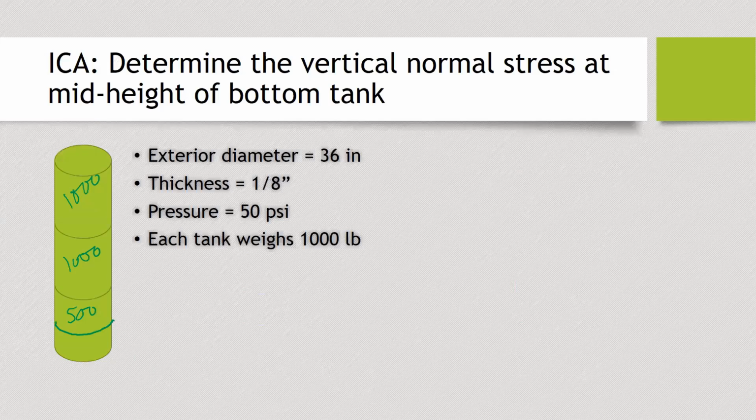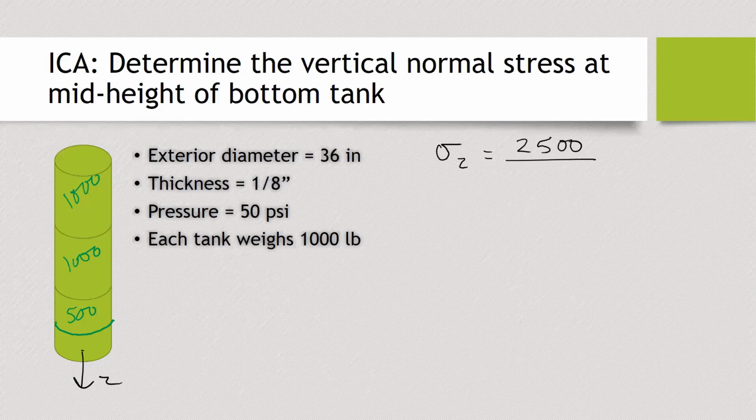But then I also have the pressure of that tank acting as a pressure vessel. So in this case, say that's our Z direction. We're going to have a normal stress due to the weight that is going to be the 2,500 divided by the cross-sectional area of the tank.